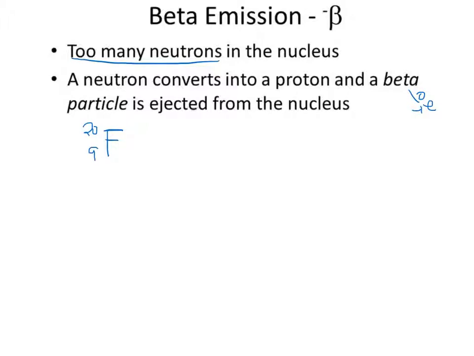This means I have 9 protons, and my number of neutrons is going to be 11. But I have too many neutrons, so I have to go through a beta emission, and one of my neutrons converts into a proton, meaning that I end up losing a neutron and gaining a proton.